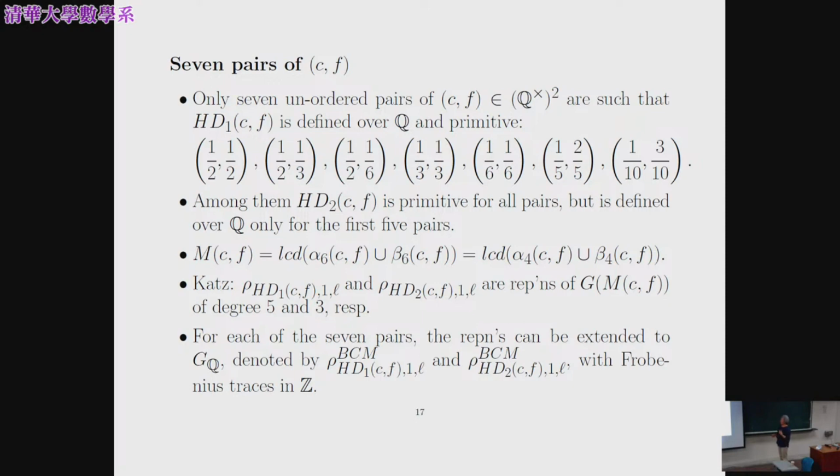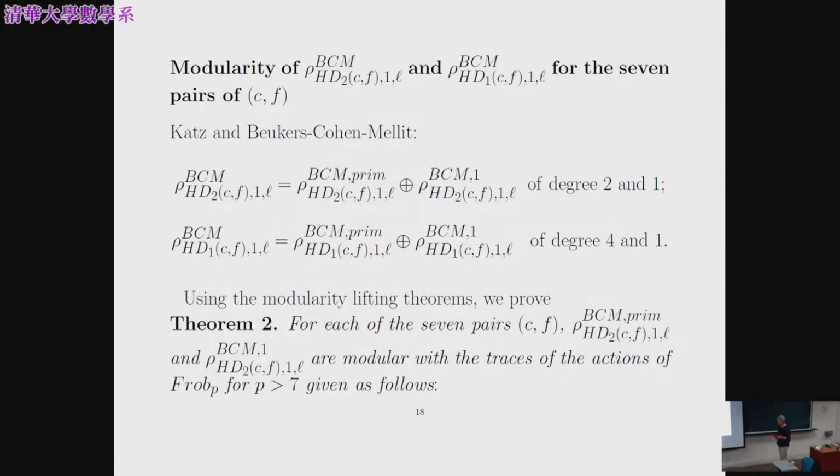So the final conclusion is that for all the 7 pairs, both CATS representations can be extended to representations of Q. Now, since these BCM representations arise geometrically, the next question is the connection with the modular forms, or what we call the modularity or automorphy.